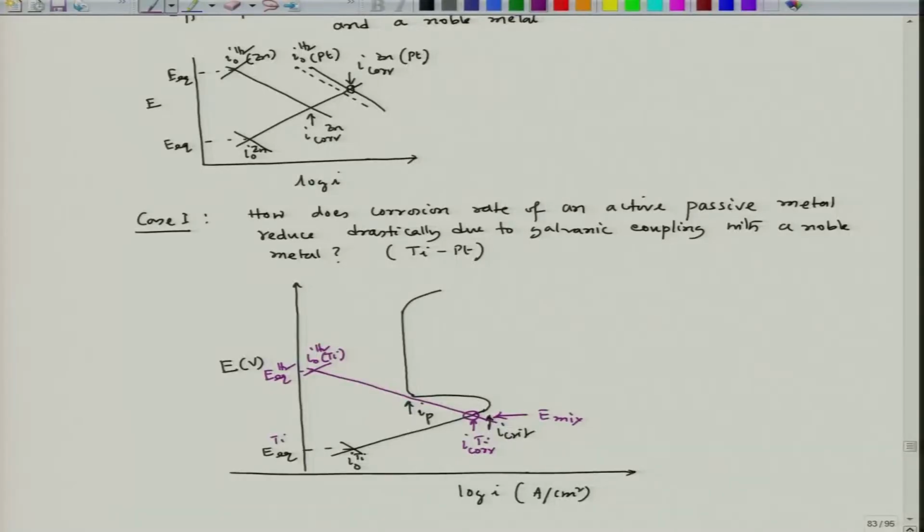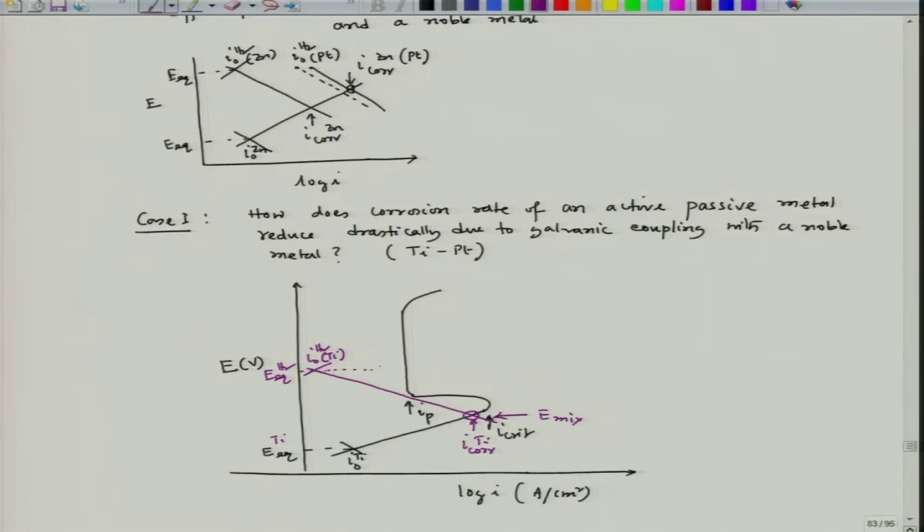Now, the exchange current density of hydrogen evolution on titanium surface is lower than on platinum surface, but the equilibrium potential will not vary, because this is decided by pH of the solution, considering the hydrogen gas is at atmospheric pressure, which is 1 atmosphere.